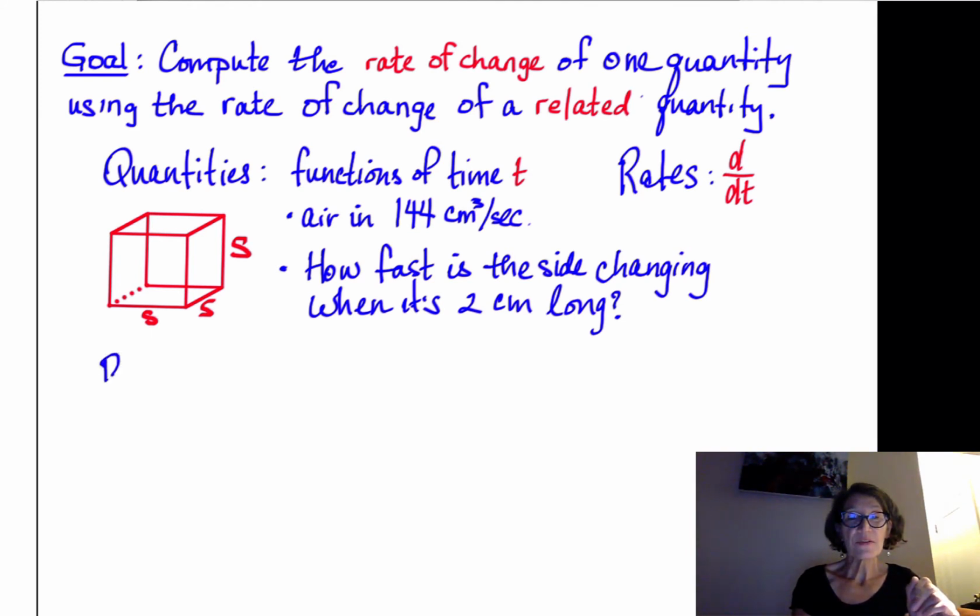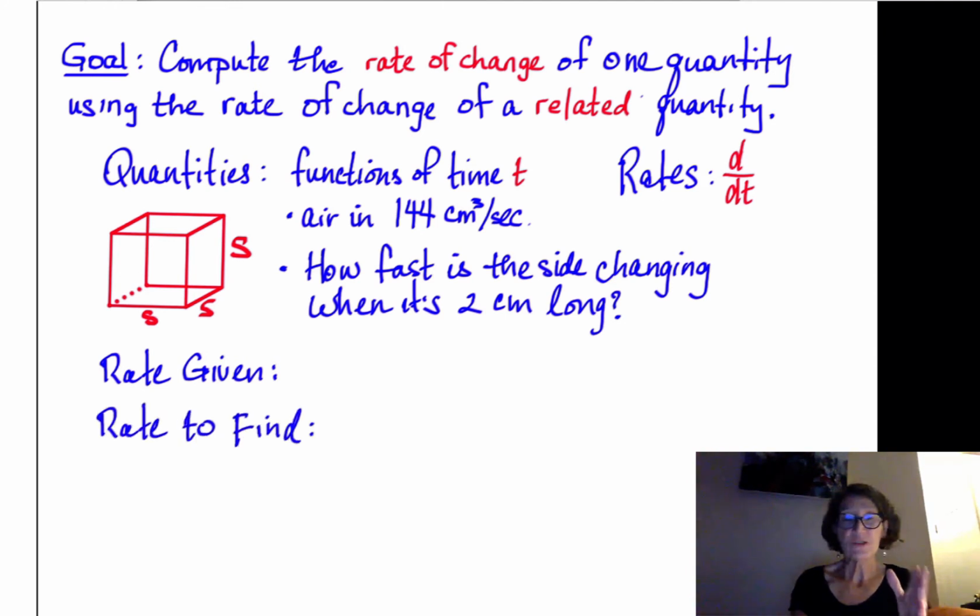In every related rates problem, you're always given a rate and then asked to find another rate. So the best thing to do is write down exactly what you're given and exactly what you're asked to find, and to write those as derivatives. In this problem, the rate that we're given is the derivative with respect to time of the volume.